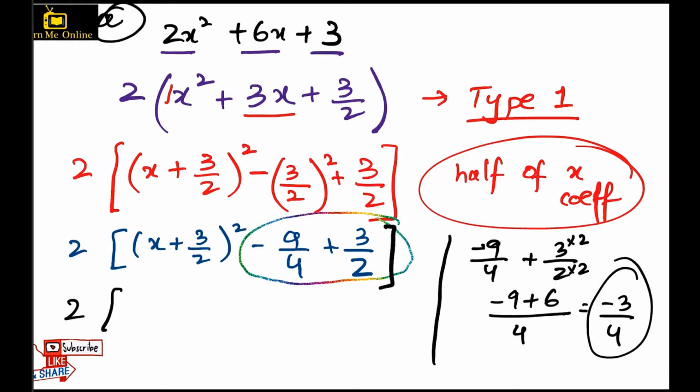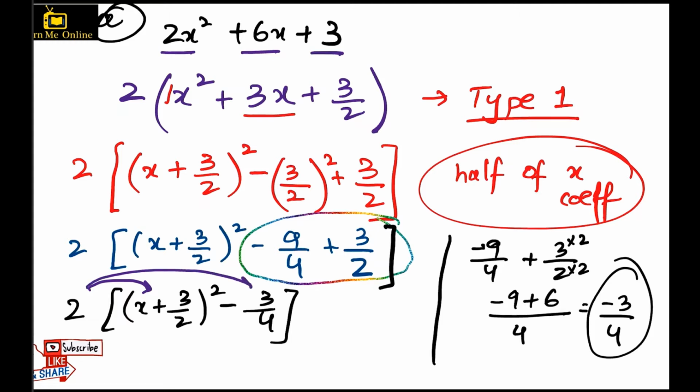Now we have 2 outside the bracket, with the bracket x plus 3 over 2 squared, and then minus 3 over 4. The 2 written outside the bracket is going to multiply with both the terms written inside the bracket. So it multiplies with this one as well as with the next one. When we expand it out, we have 2 times the bracket x plus 3 over 2 squared, minus 2 times 3 over 4.